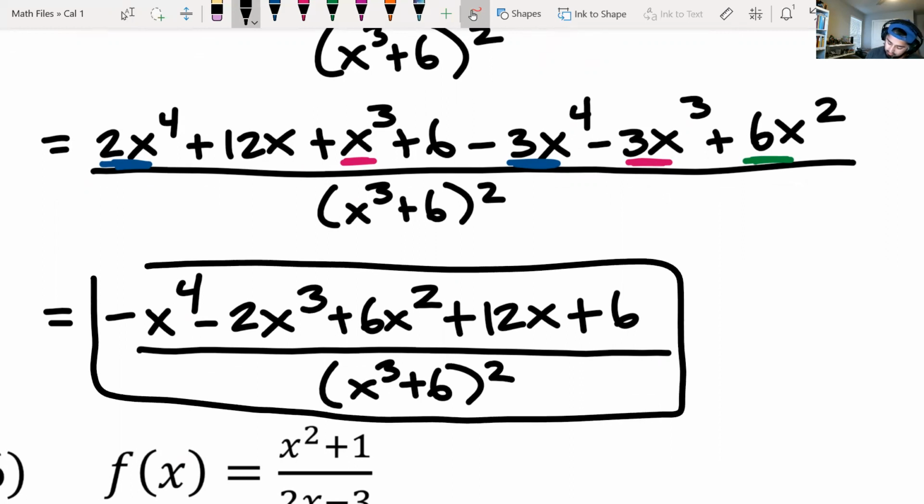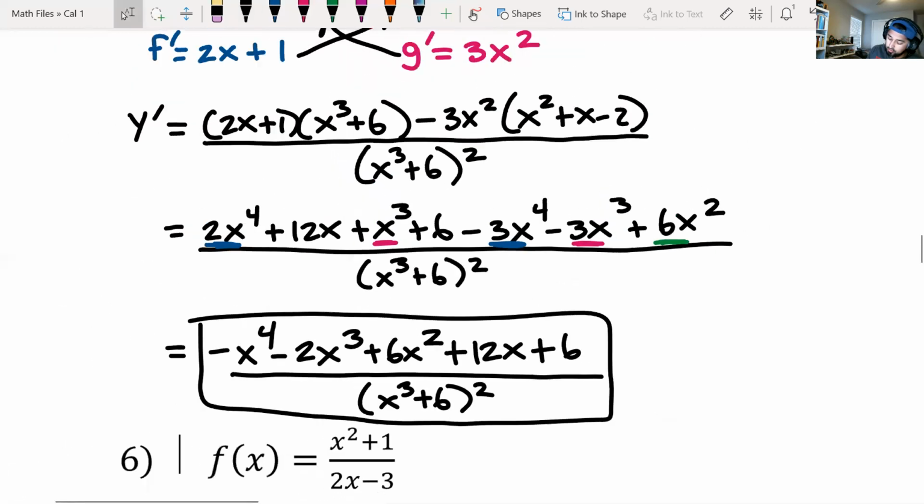You wouldn't want to square the bottom at all. You could just leave it like that. Never, ever FOIL your denominator unless I say so or you really, really want to. If you want to FOIL that out, go ahead. That's just an extra step, though. We just want to clean up the numerator, and that's it. All right, that is the quotient rule.